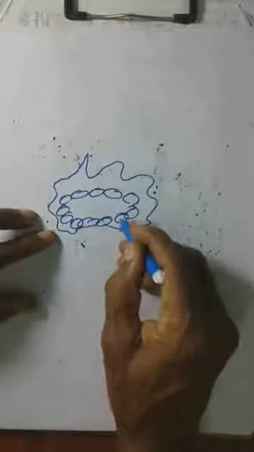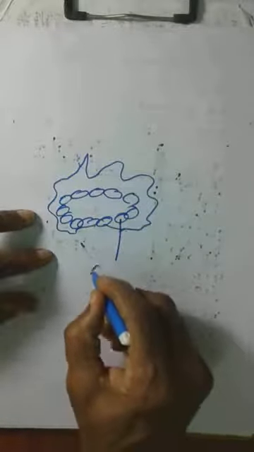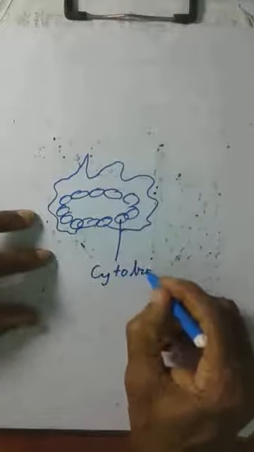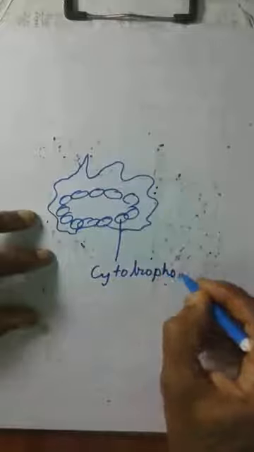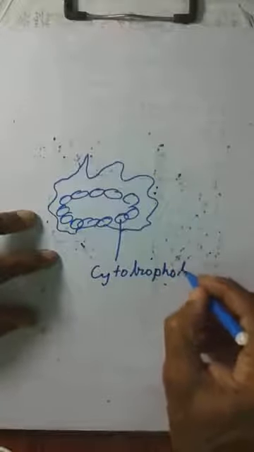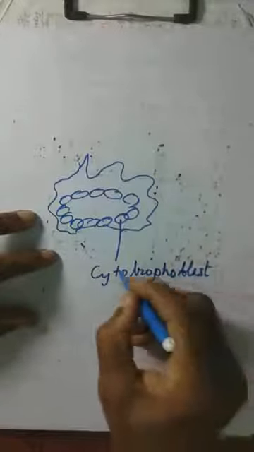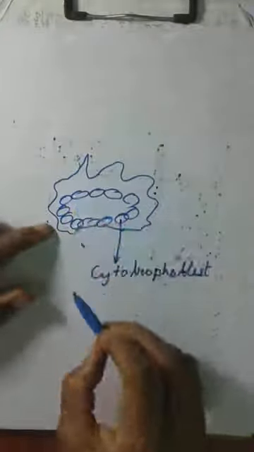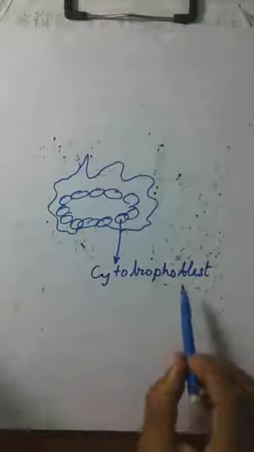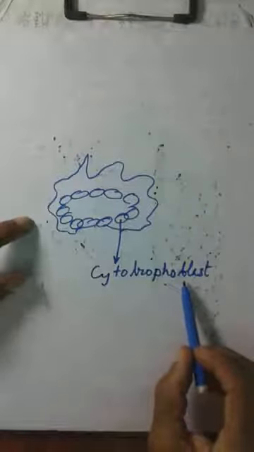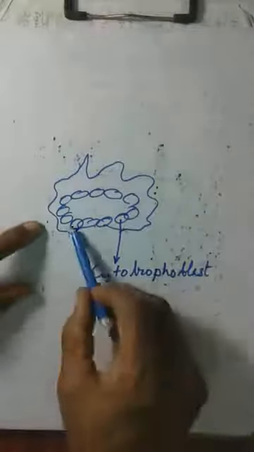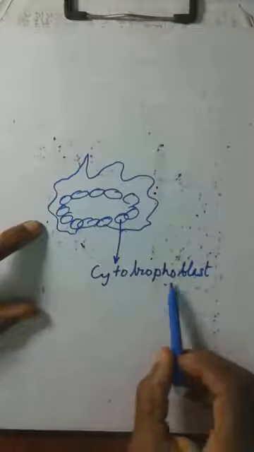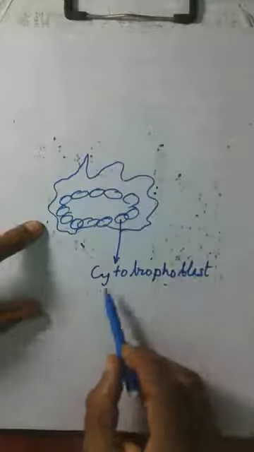The first covering is called cytotrophoblast. Blast means a young budding cell. So this is the developing cell.